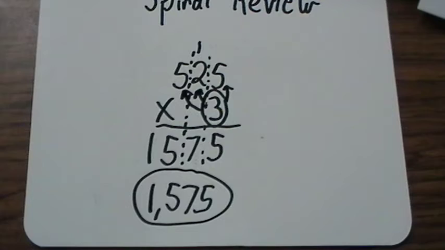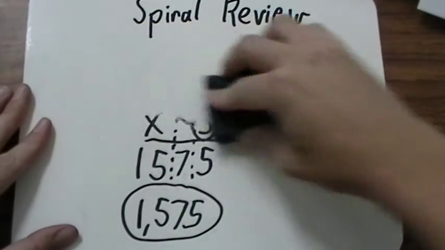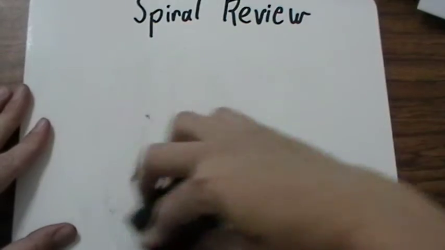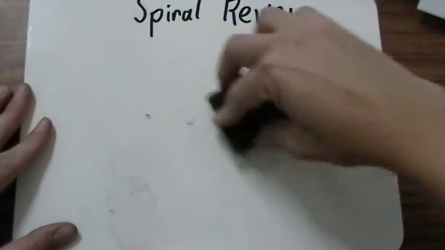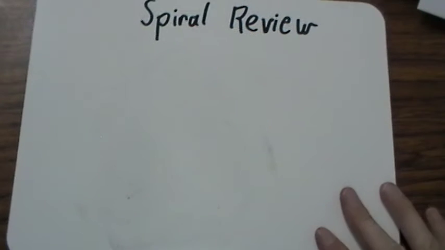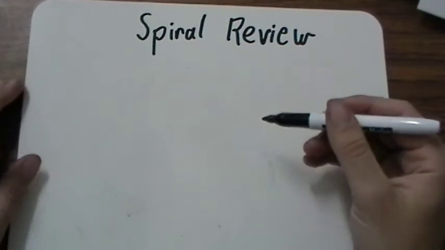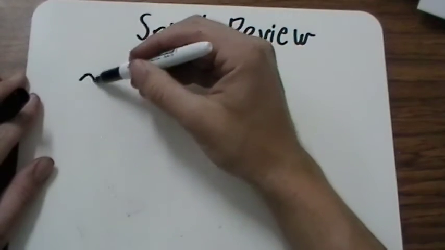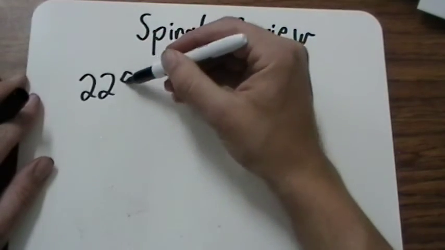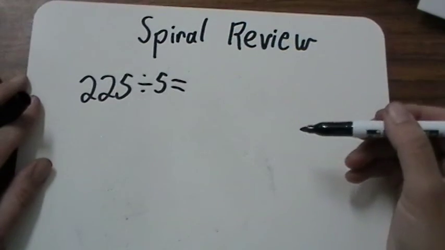All right, we're going to do one more review in this video, and that's review of division, okay? Now, when it says find the quotient, quotient is the same thing as saying find the answer, okay? So let's say I have 225 divided by 5, okay?